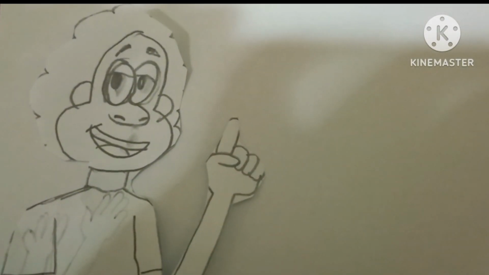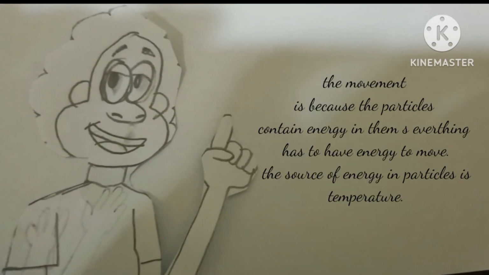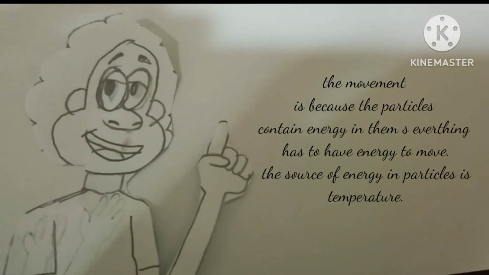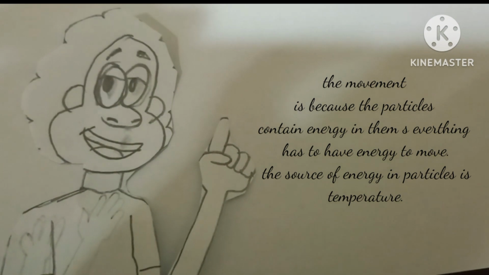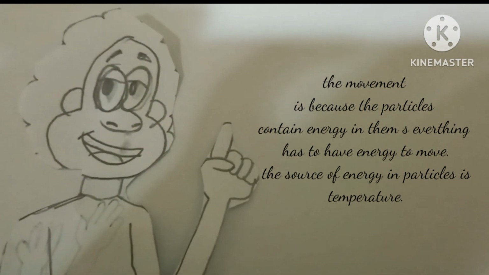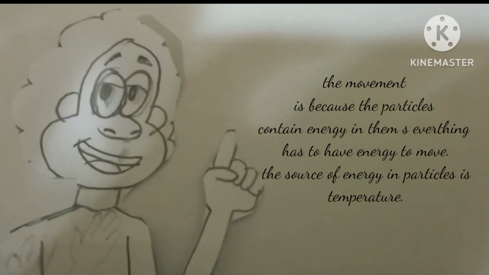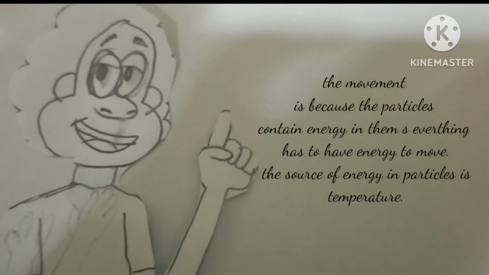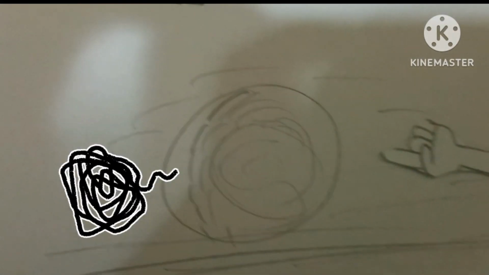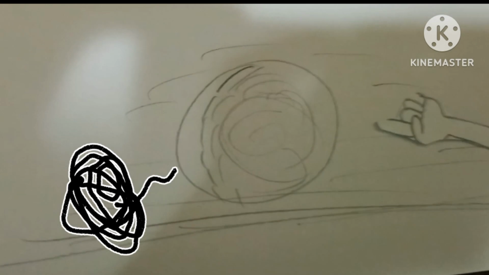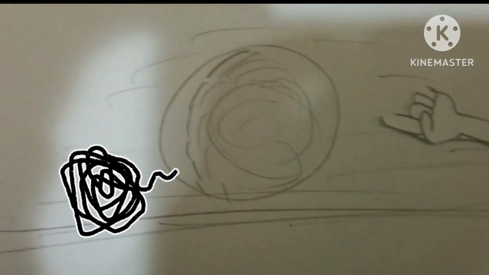This movement is, of course, caused by energy inside these particles. Everything needs energy to move. And movement comes from the energy that particles have, determined by temperature. I bet you think that this ball is rolling right now. Well, it is.